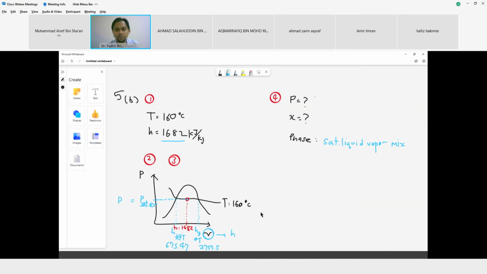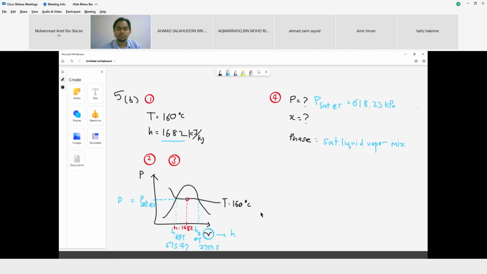So P here is P sat at the given 160 degrees C. So look at table A4, temperature table. At 160 degrees C, the saturation pressure is 618.23, so the value is 618.2 kilopascal.